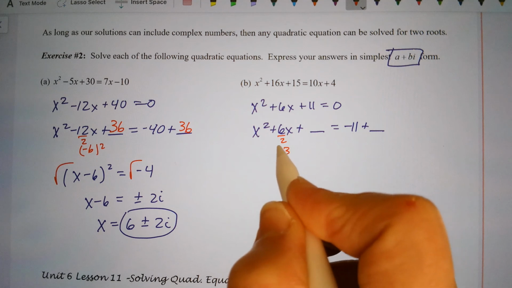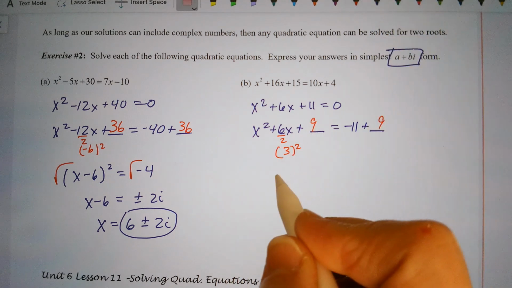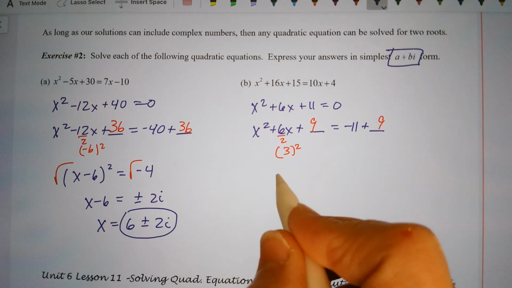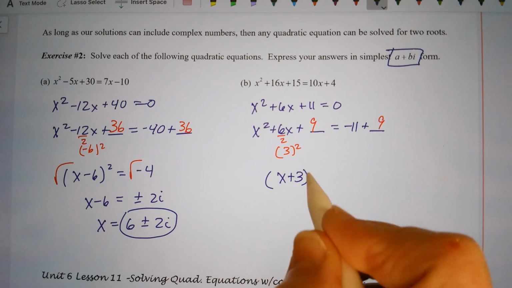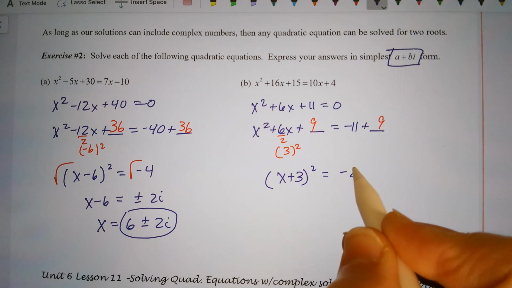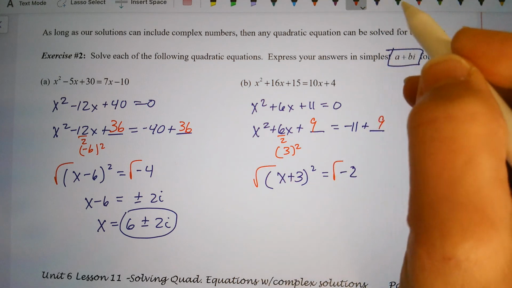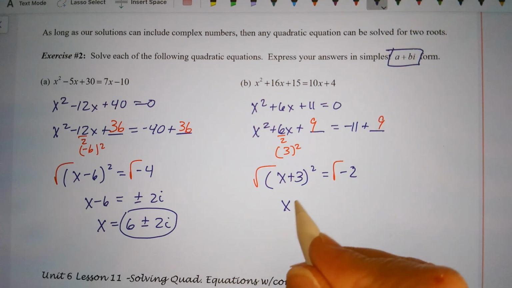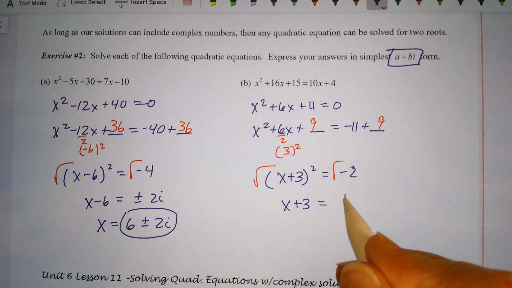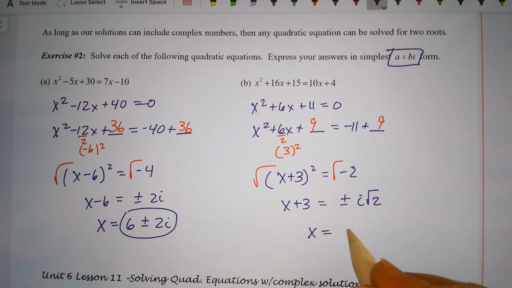6 divided by 2 is 3. 3 squared is 9. This factors into x plus 3 squared equals negative 2. And square root each side. x plus 3 equals plus or minus i square root of 2. x equals negative 3 plus or minus i square root of 2.